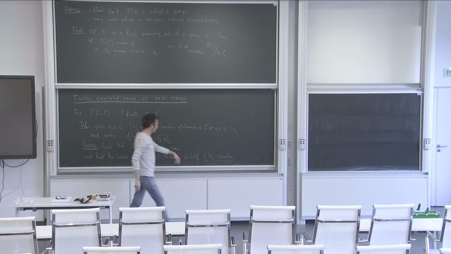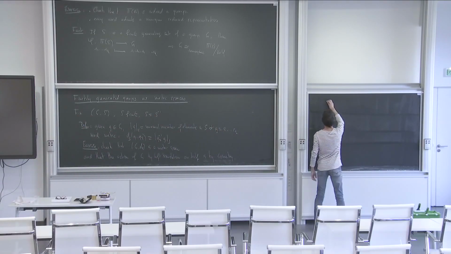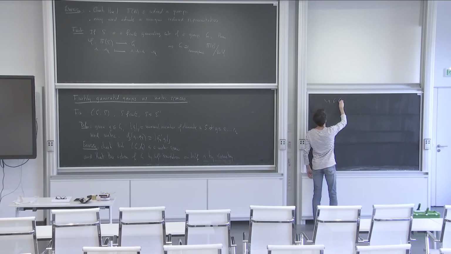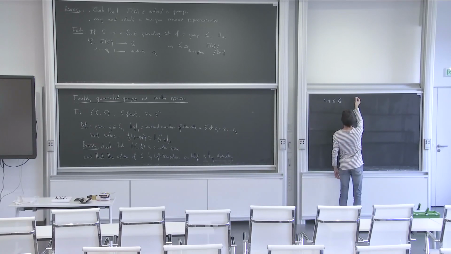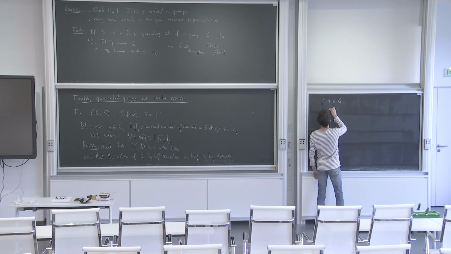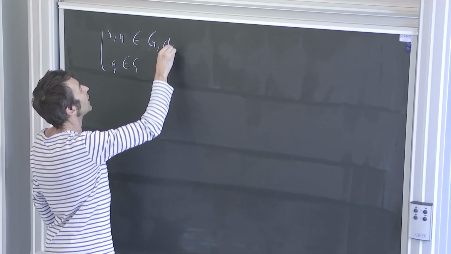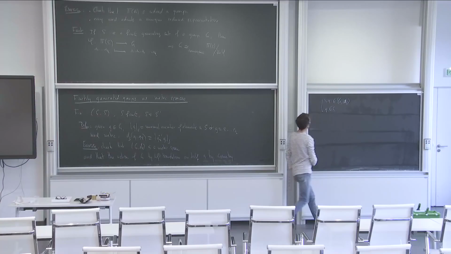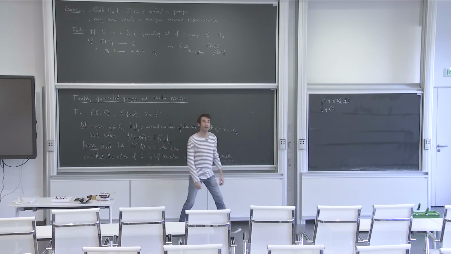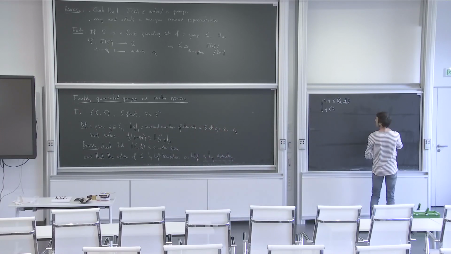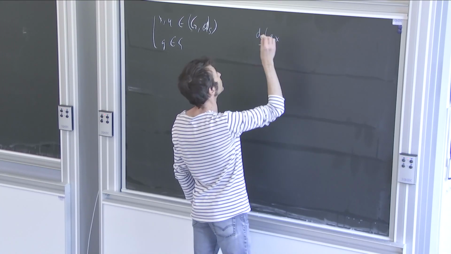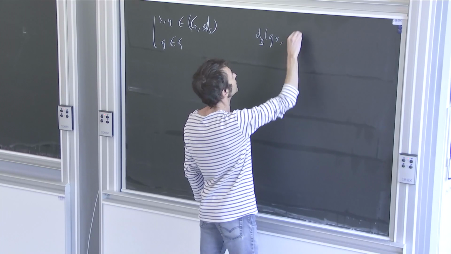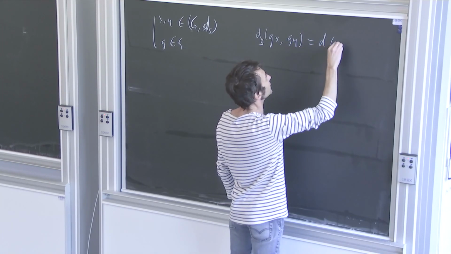Let me explain what it means. If I have two elements of the group, x and y in G, I see them as two points in my metric space, and then I look at an element g acting on the group, and I want to prove that the distance d_S of gx and gy is equal to d_S of x and y.